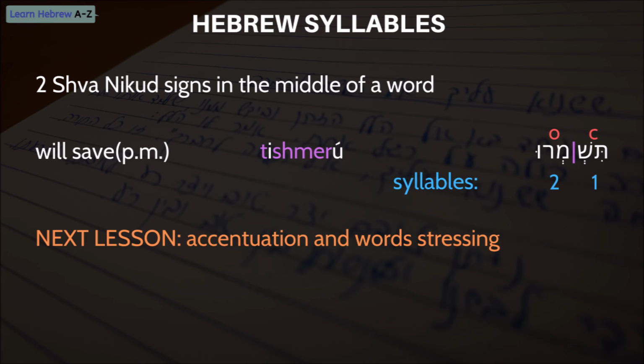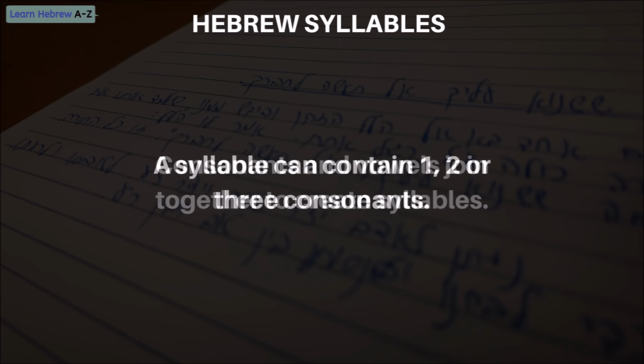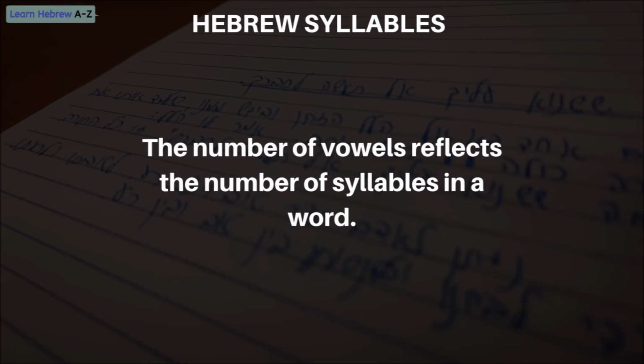Here are some rules that will help you remember all that we have learned today. Consonants and vowels join together to create syllables. A syllable can contain 1, 2, or 3 consonants. The number of vowels reflects the number of syllables in a word.